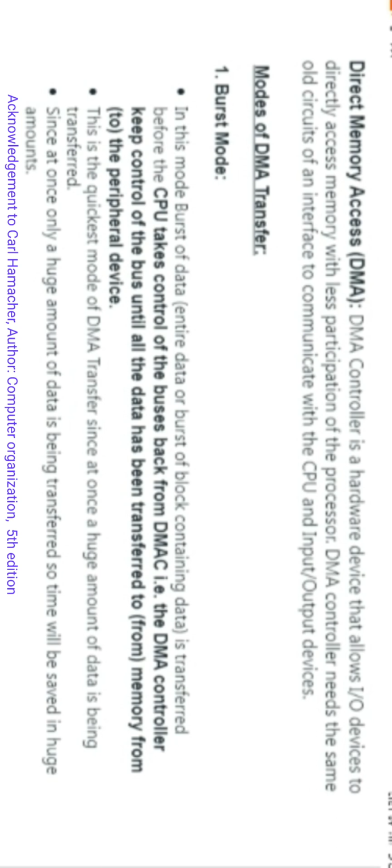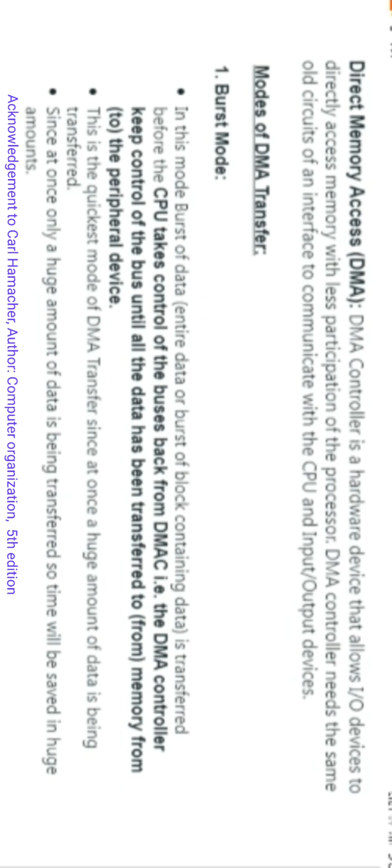But what are the different modes of DMA transfer? The first one is burst mode. When we study these modes, we'll come to know which is slower and which is fastest. In burst mode, the whole block of data is transferred in a single stretch.